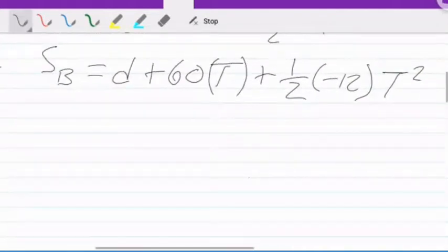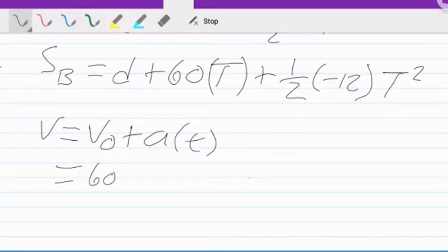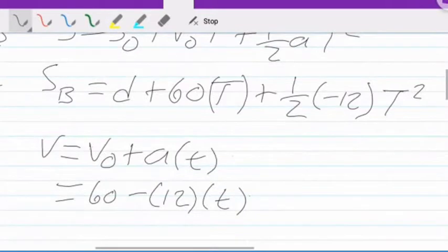We can do that with the other kinematic equation: velocity equals the initial velocity plus the acceleration multiplied by time. So velocity equals 60 feet per second minus 12 feet per second squared multiplied by the time. And this is the velocity of B.